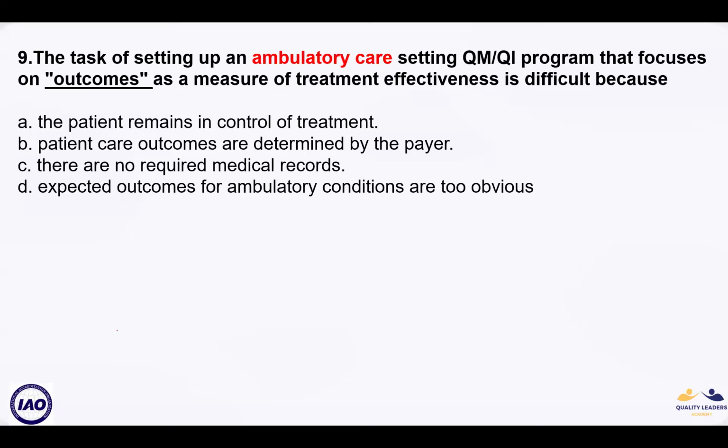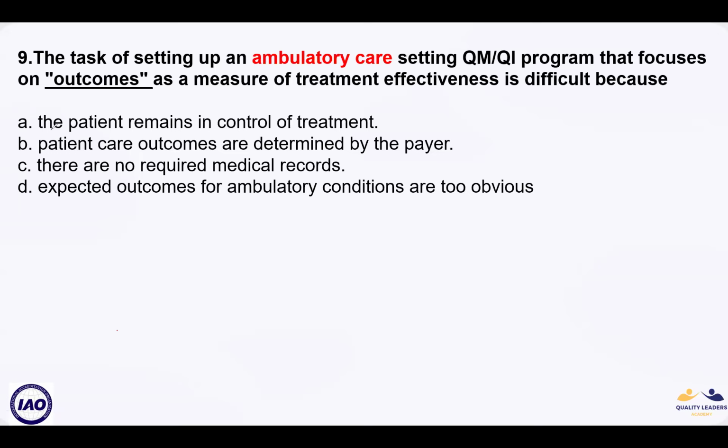What makes tracking the outcomes, or how well the treatment actually worked in an outpatient setting, so difficult? Why is it difficult for us to measure the clinical outcomes in an outpatient setting? That's the simplest simplification of the question, right?